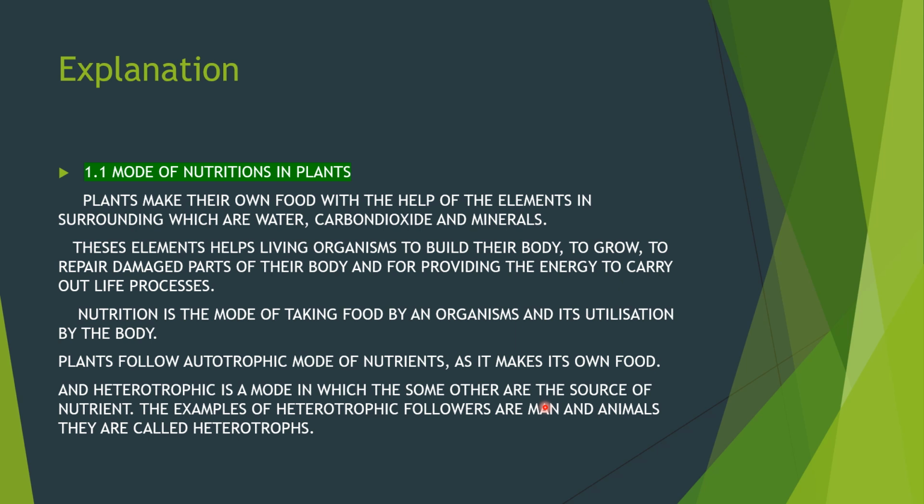We humans are also heterotrophic because we don't make food with the help of only sun rays or any element, but plants do. So a plant is autotrophic, and we humans and animals are all heterotrophic.